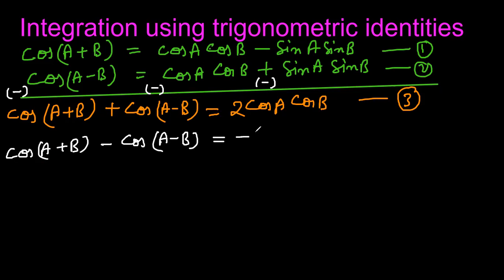So we're getting negative 2 times sine A sine B. I strongly recommend you to write these equations like this, and it becomes easy to remember. And believe me, if you are comfortable with trigonometric identities, integration is going to be very, very easy.